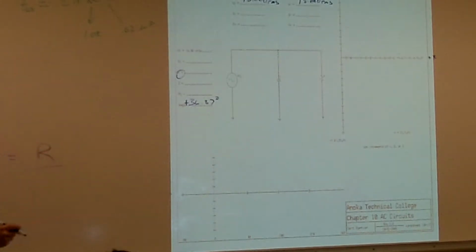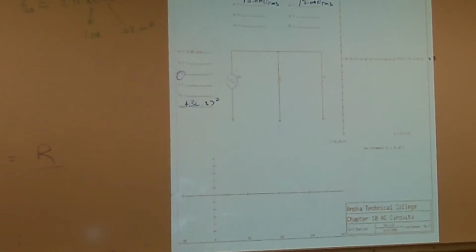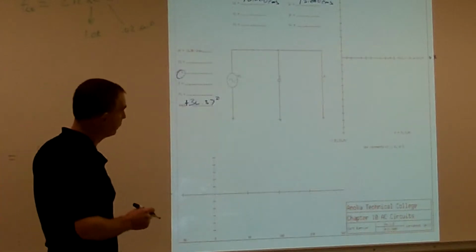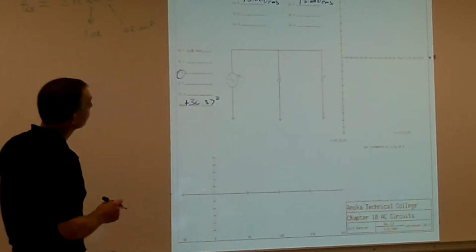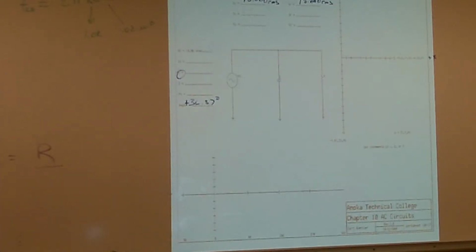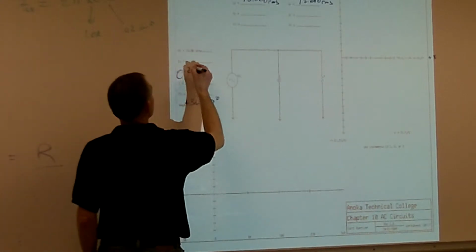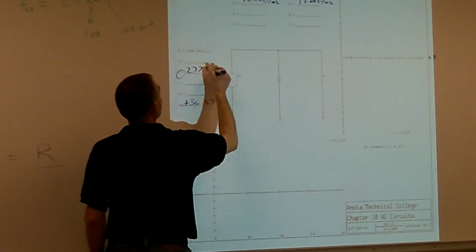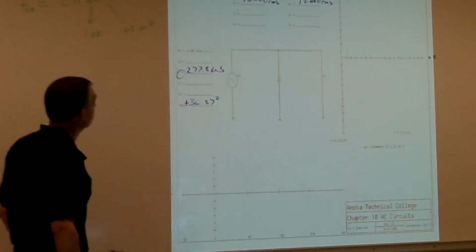And for your Y, 277.8 microsiemens. All right, good.